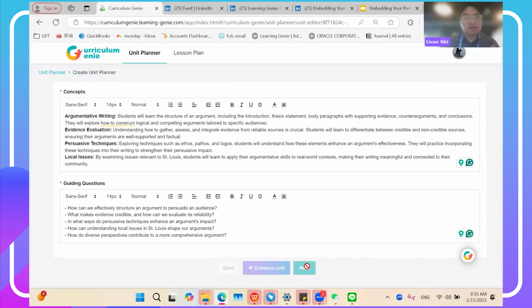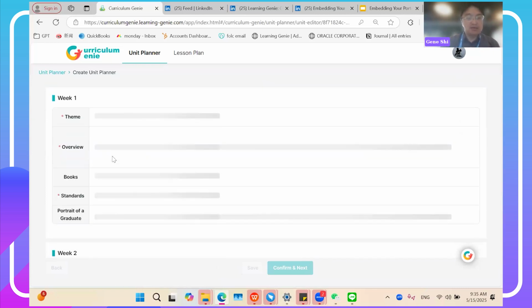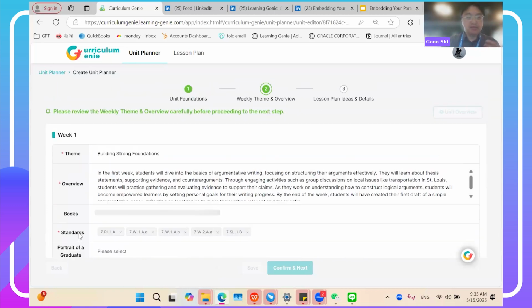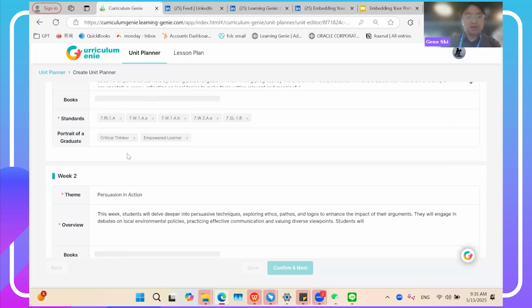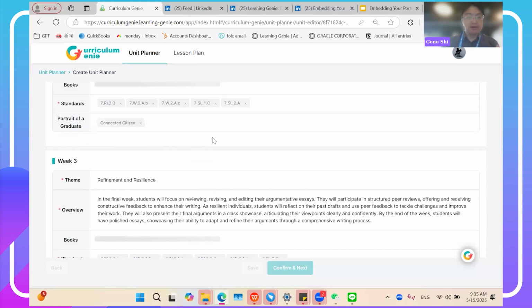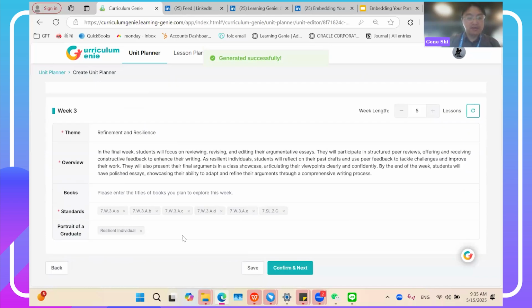We go next. The second step is the 3-week ELA project, the ELA unit. You can see we do have the theme overview, standards and Portrait of Graduate. For the first week, we focus on critical thinker and empowered learner. Second week, we do connected citizen, and third week, resilient individual.